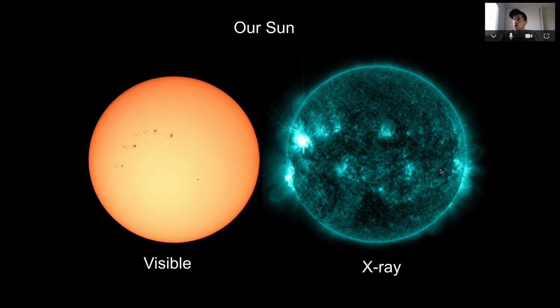The loops you're seeing here are basically the gas tracing those magnetic loops. We'll talk more about that later when we start jumping into the sun by itself. But for now, you can see how the visible light is vastly different from the X-ray light.